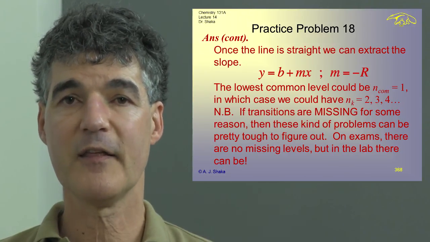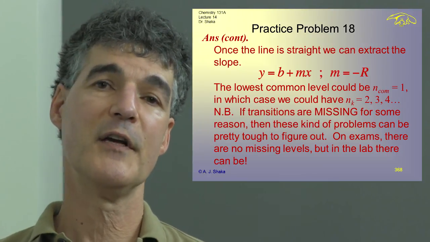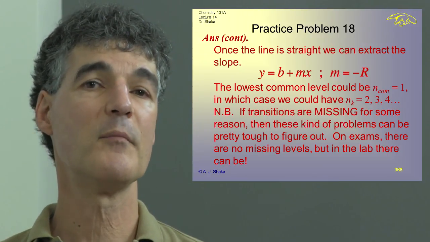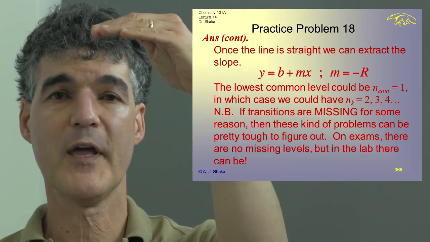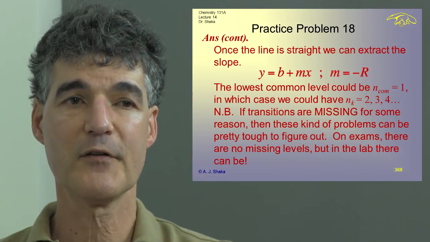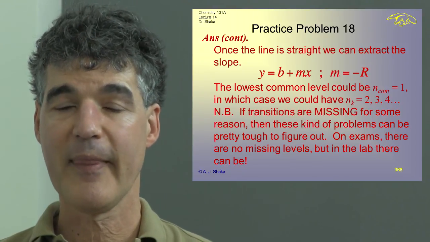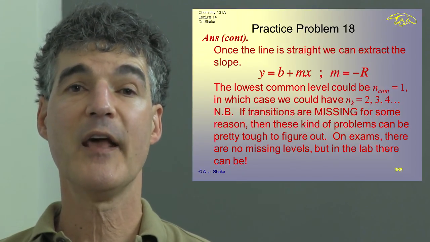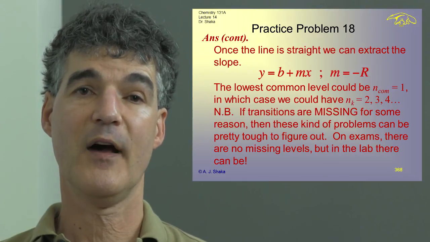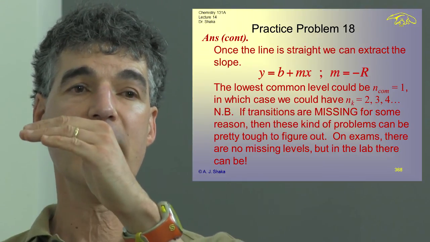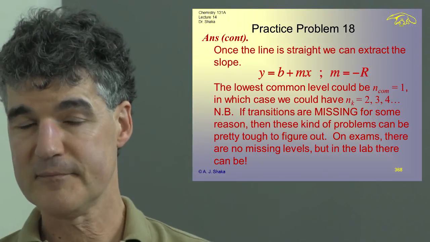If it's very high, then all the transitions would be very, very small numbers because we'd already be most of the way up to the ionization energy. So let's try n common equals 1, and in that case we could have nk, the upper level, be 2, 3, 4, and so forth.